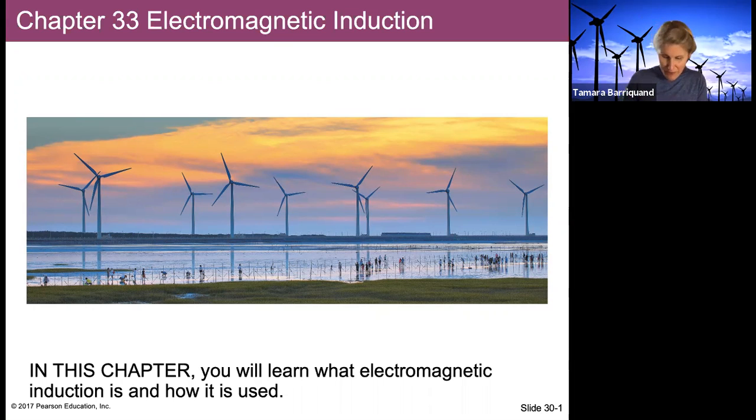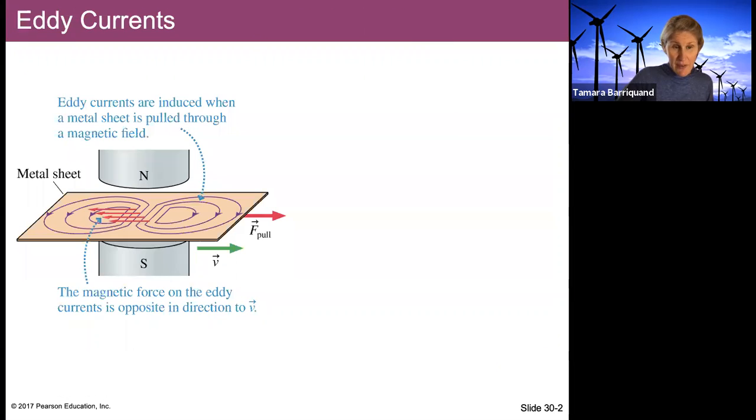So let's start by looking at what happens if we have a sheet of metal going through a magnetic field. Another side effect of the fact that we have a sheet of metal being pulled through a magnetic field: here we have a magnet on either side, with the North Pole on one side and the South Pole on the other, and we're pulling this conducting sheet through to the right.